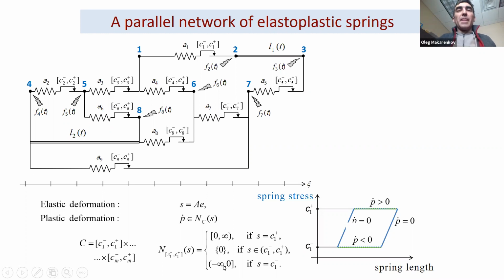It means that the velocity of the plastic part of the deformation can take any negative value when we are on the left end of the allowed stress for the spring. What is written here is this same rule extrapolated to all springs, not just one spring.